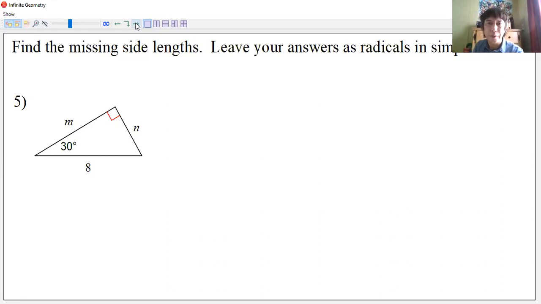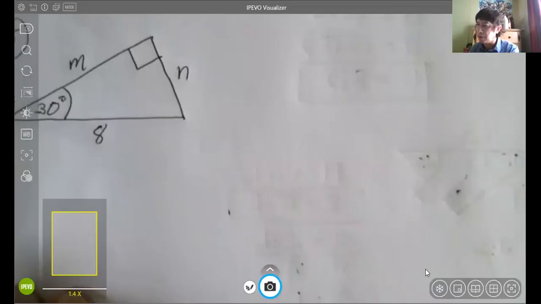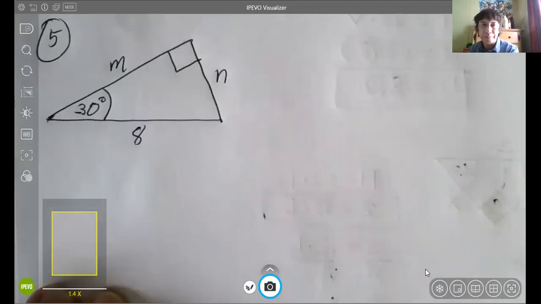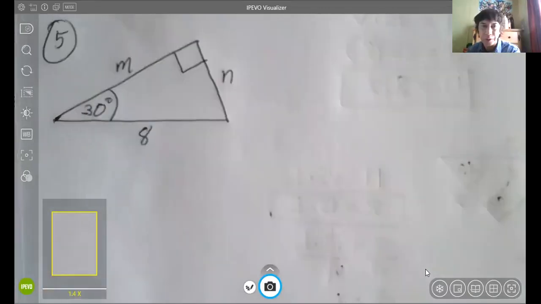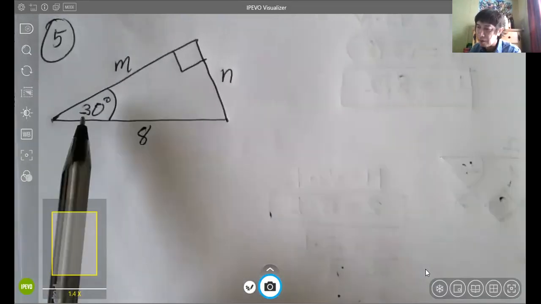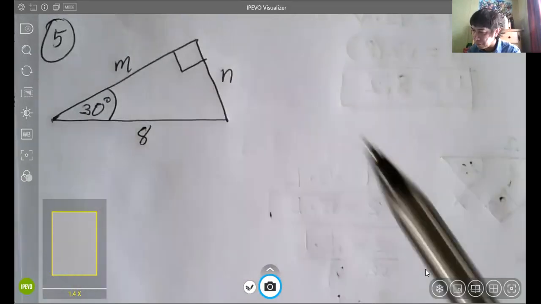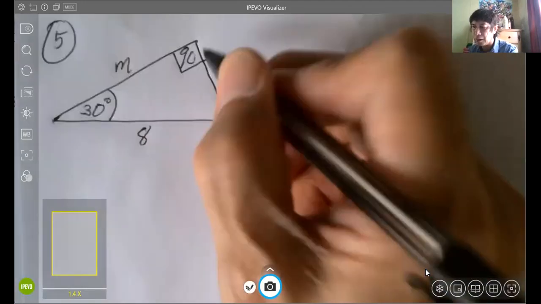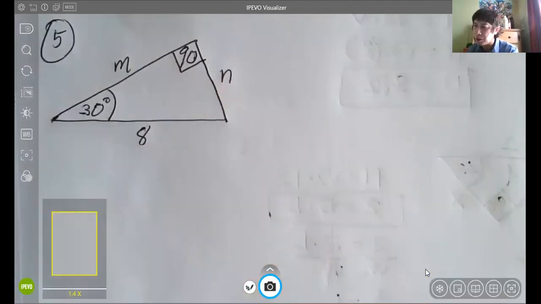And this will be over here. Okay, there. All right, here is our number 5 example. Now, as you can see from my drawing, this is the 30 degrees and this is the 90. In any triangle, the total is 180. This must be the 60.